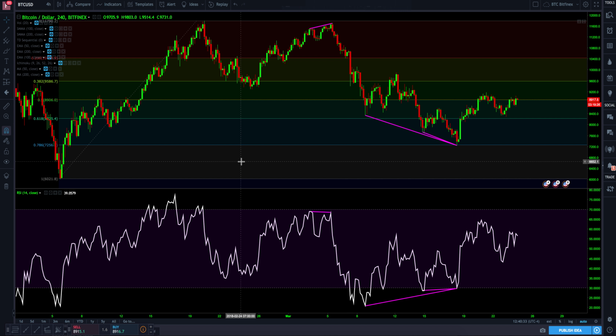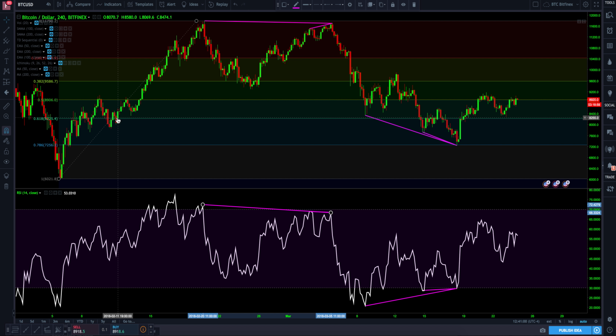Here's an example at the top. See how price is climbing? Yet the indicator is slightly declining, if not flat. And we can go here too. Look at this high. Here. Let's compare this. Indicator lost.